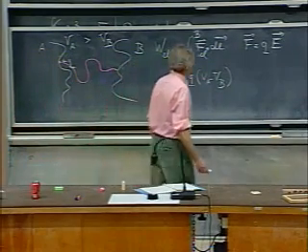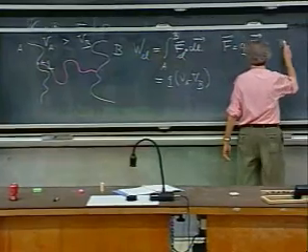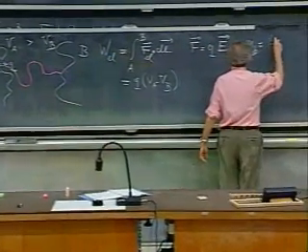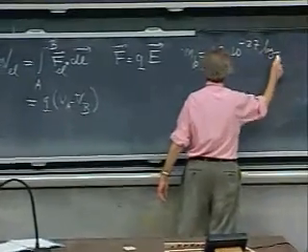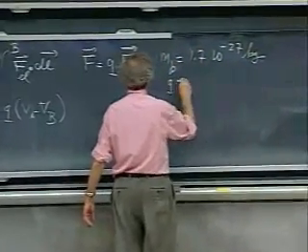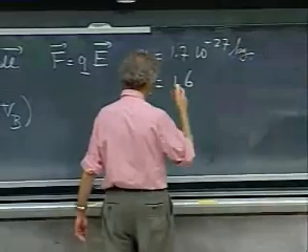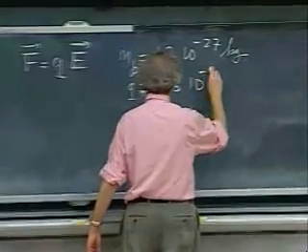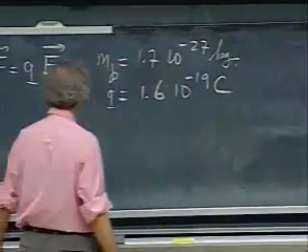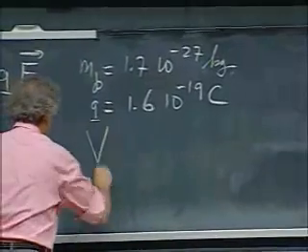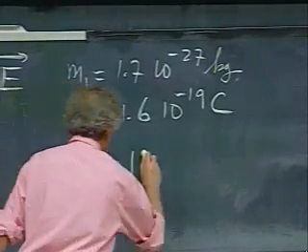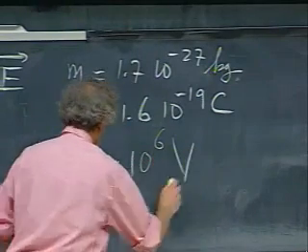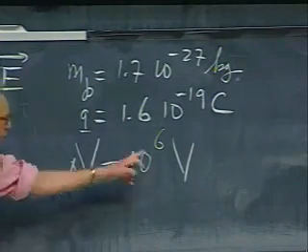Let's take a practical case. We have a proton which has a mass 1.7 times 10 to the minus 27 kilogram. The charge of the proton is the same as that of the electron, but it is positive, 1.6 times 10 to the minus 19 coulomb. And let's suppose that the potential difference between A and B is 1,000,000 volts. Let me put a delta here because I don't want V's on both sides.